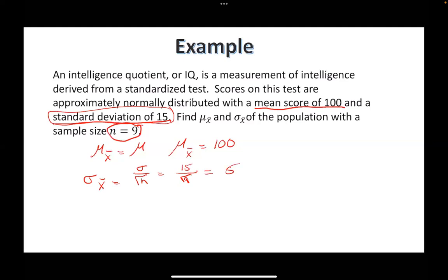So our standard deviation for our sampling distribution is 5, and our mean is 100. Remember, this is the mean of all of the means we collected, and this is the standard deviation of all of the means that we collected of our samples.